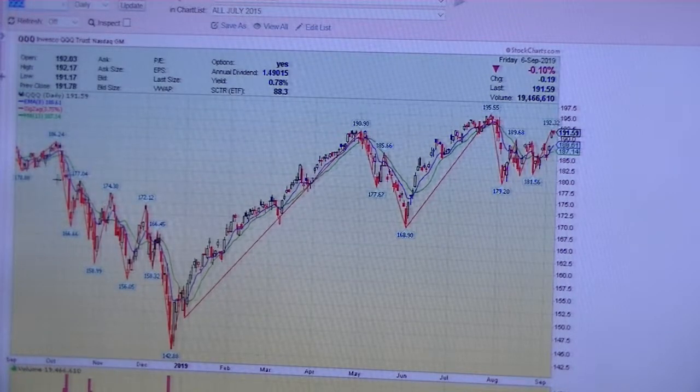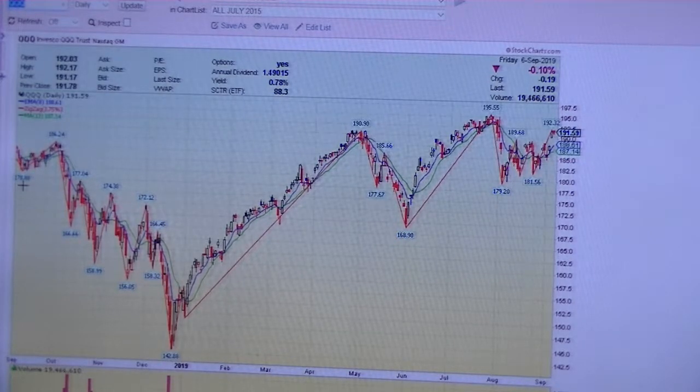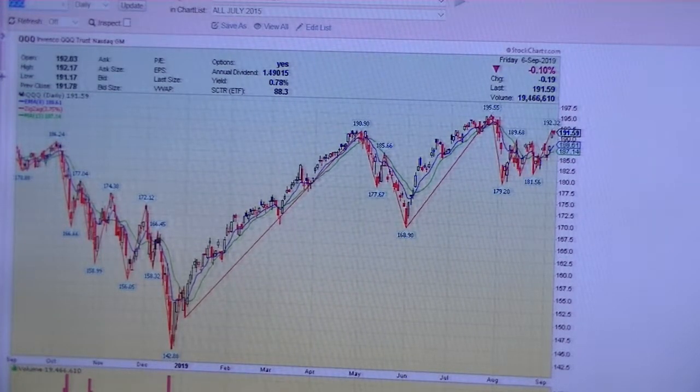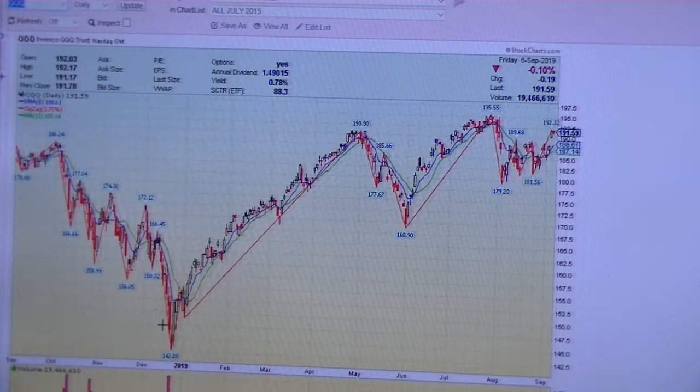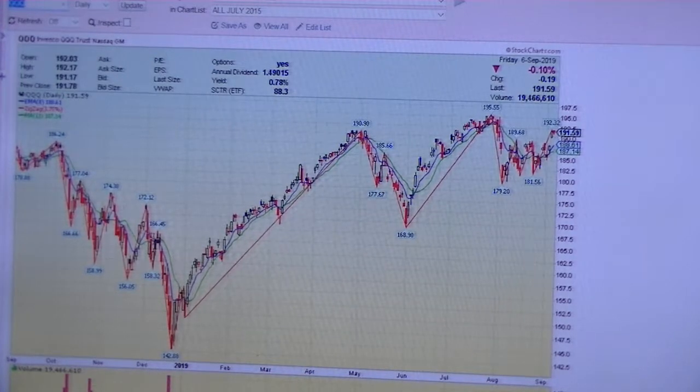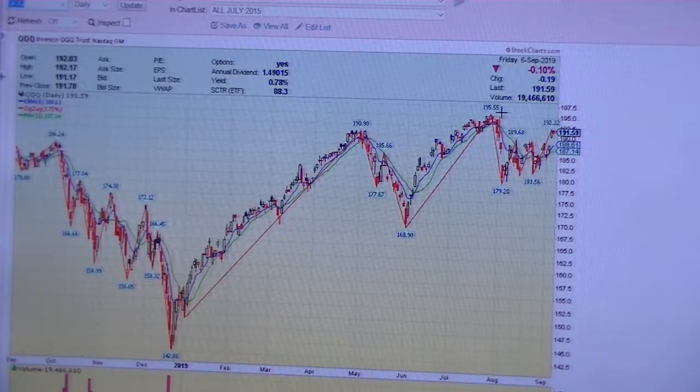All of these price points would be considered support and resistance. So from 178 to 186, down to 166, up to 177, down to 159, up to 174, down to 156, up to 172. All of these are support and resistance for a particular time frame. But if you take the time frame as a whole, the support was 142.88 and resistance is 195.55.